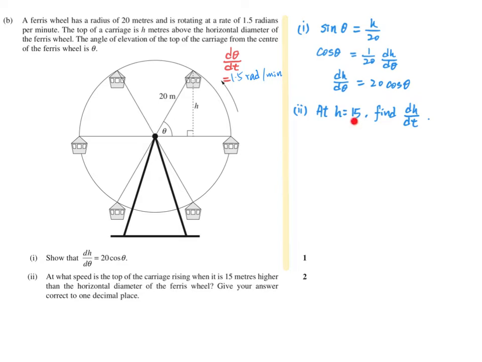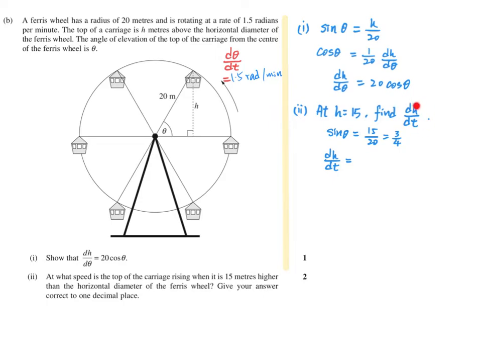So when h equals 15, what should be the value of theta? We have sine theta equal to 15 over 20. Simplified, you will have 3 over 4. Of course, we can use a calculator to get the value of theta, but it is a long and irrational number. We just don't do it at this moment. Let's leave it until we have to get the value of theta.